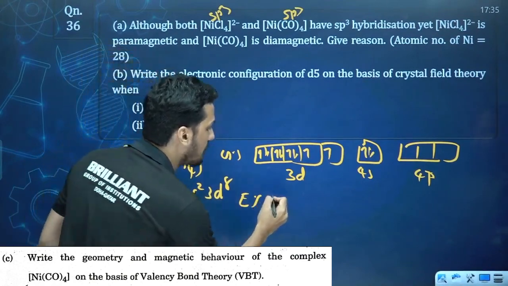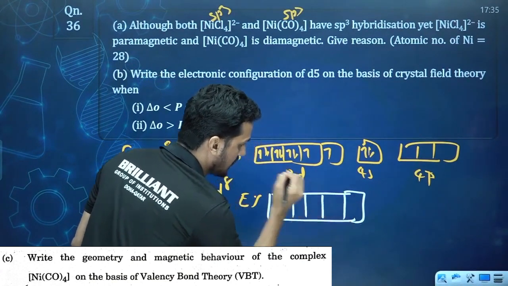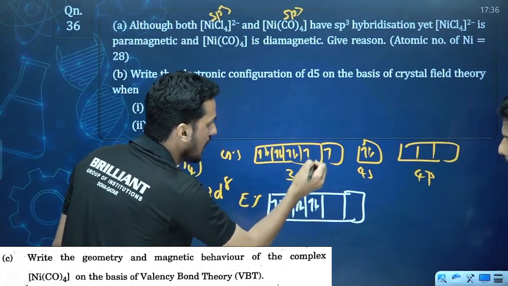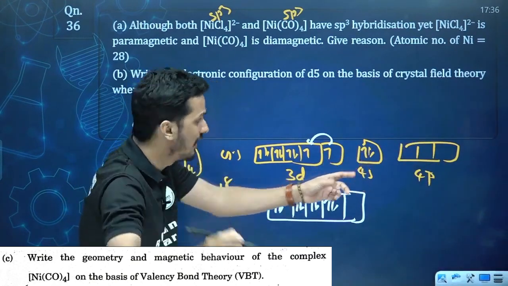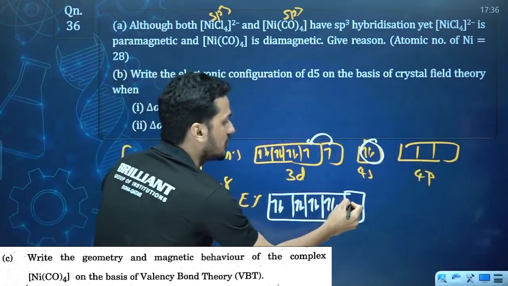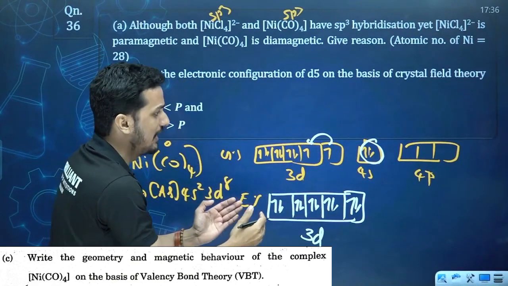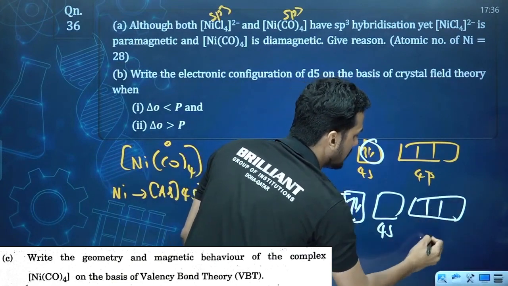Pairing will occur. So how will the pairing occur, guys? That is very important. Here 2, this 2, this 2, and this will come to here. This will pair up, and the electron from 4s also will come to 3d. Then 4s is empty and 4p is also empty.